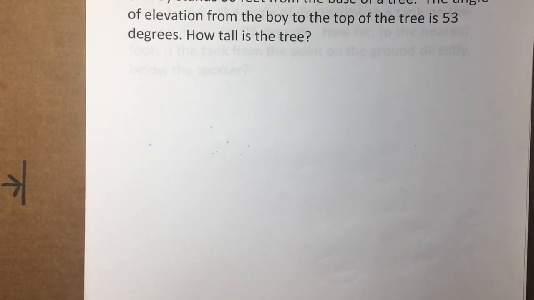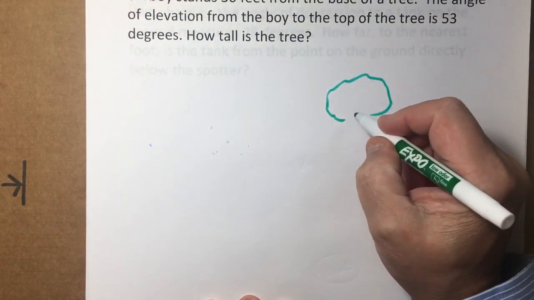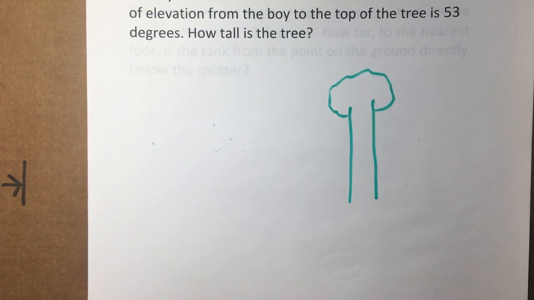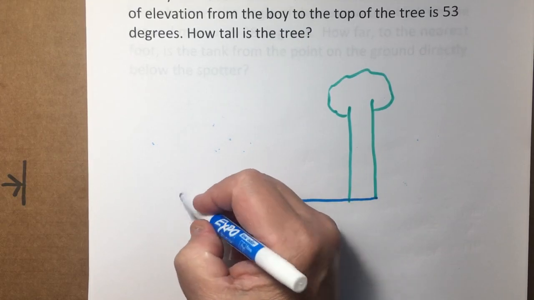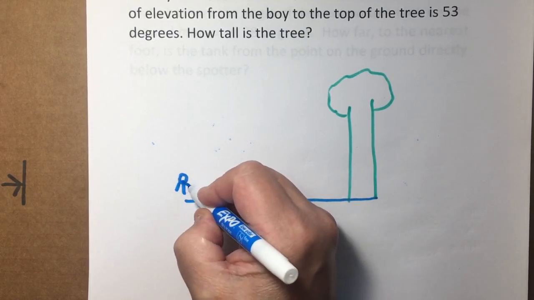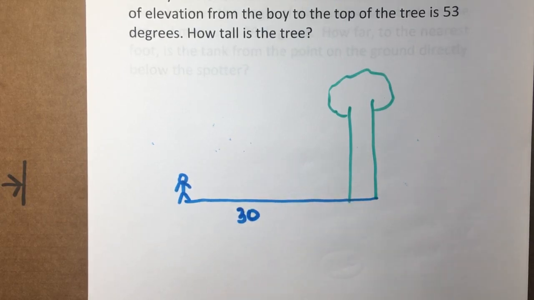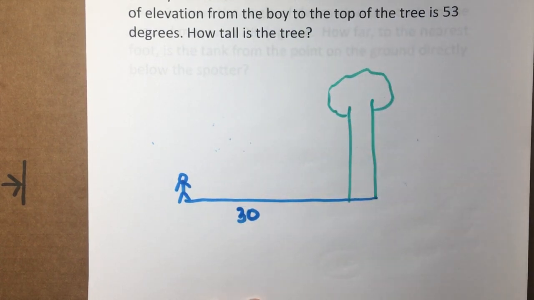Okay, a boy stands 30 feet from the base of a tree. So we have this tree. And we have a boy that's standing 30 feet from the base of the tree. Okay, there he is, 30 feet from the base of the tree. The angle of elevation from the boy to the top of the tree is 53 degrees.